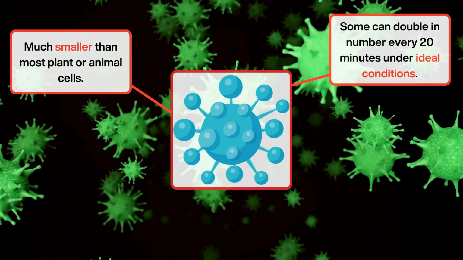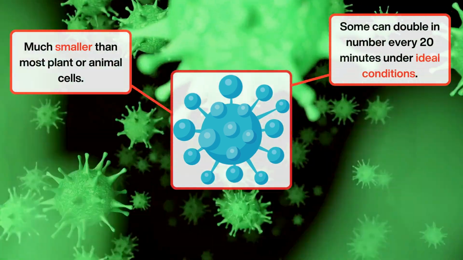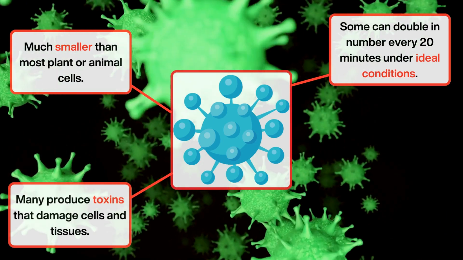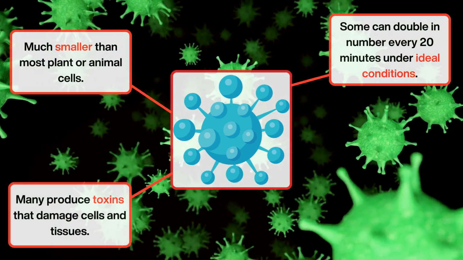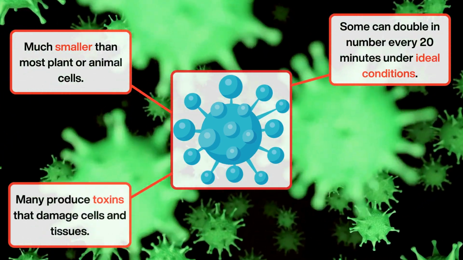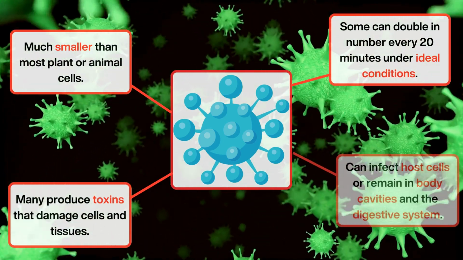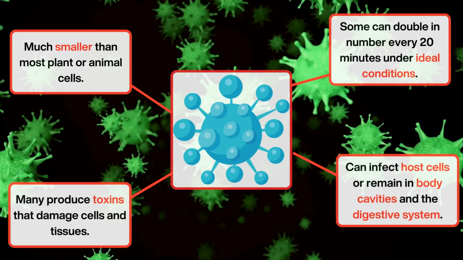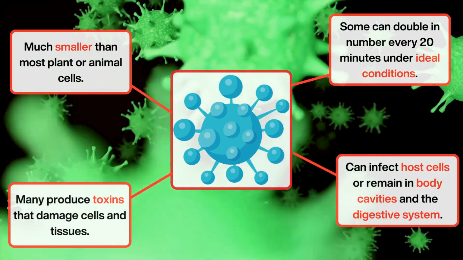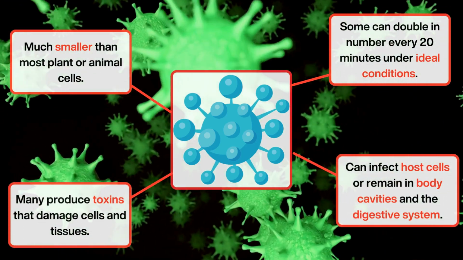A third is their toxin production. Many pathogenic bacteria produce toxins that can damage cells and tissues, making us feel ill. And finally, bacteria can persist within a variety of habitats. They can infect host cells or remain in spaces like body cavities and the digestive system. Not all bacteria are harmful.